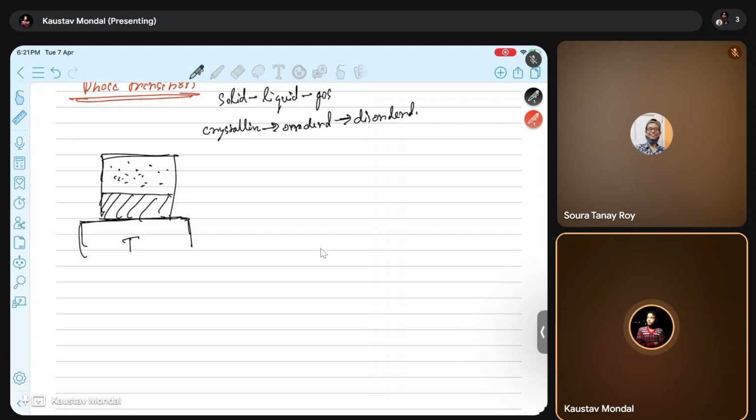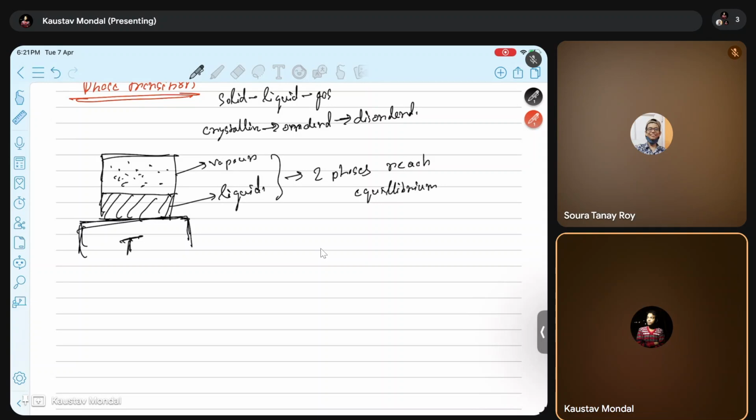There are two kinds of phases that coexist with each other: the vapor phase of water and the liquid phase of water at a particular temperature T. The reason these two phases coexist is that at this particular temperature they reach equilibrium, so they coexist inside this container at a fixed temperature T.